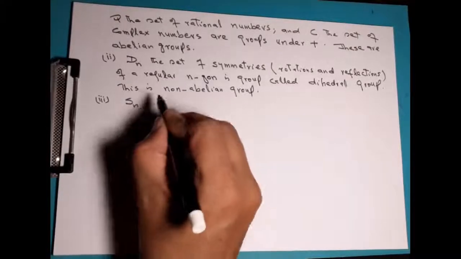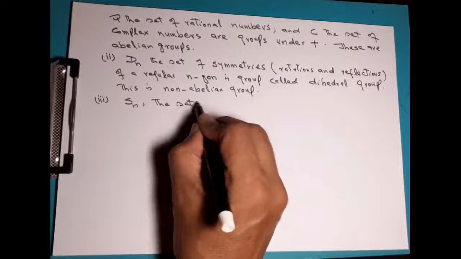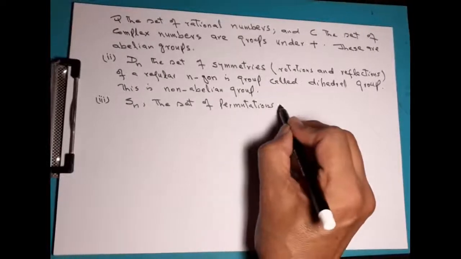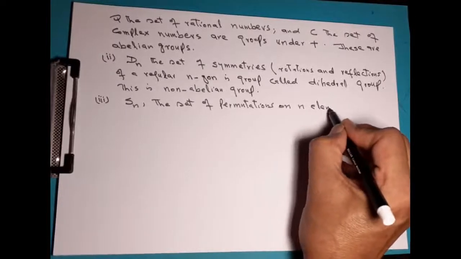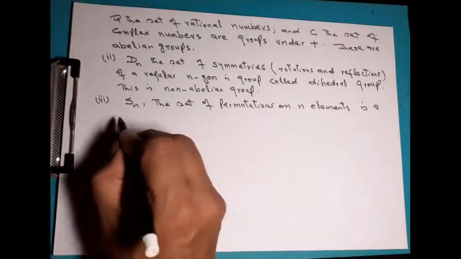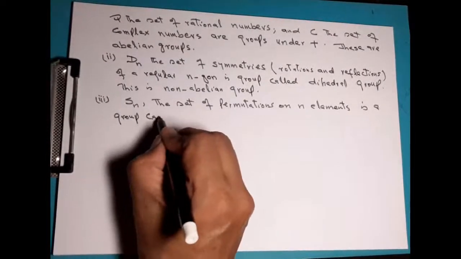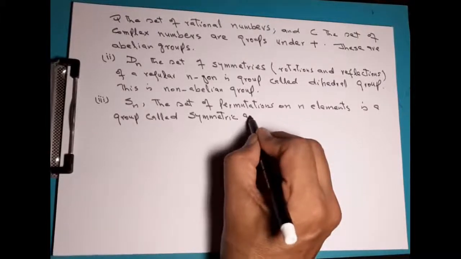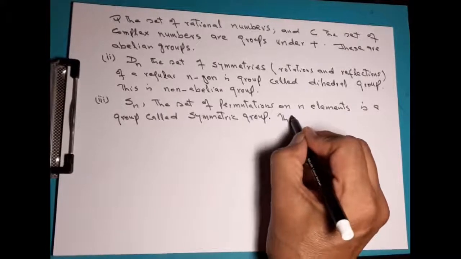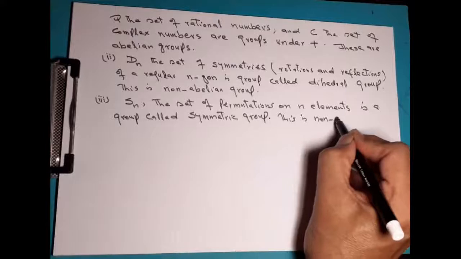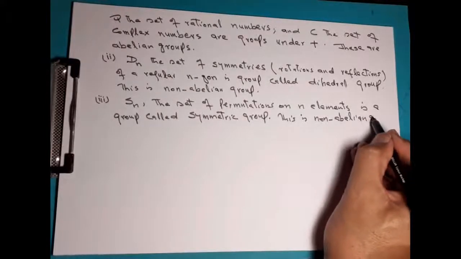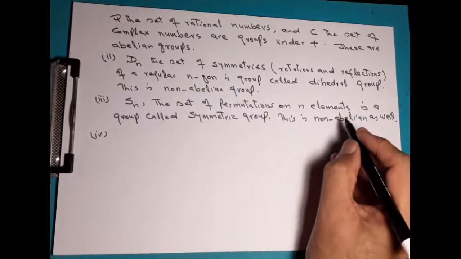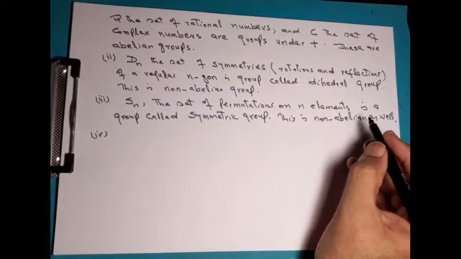So Sn, the set of permutations on n elements, is a group called symmetric group. This is non-abelian again.